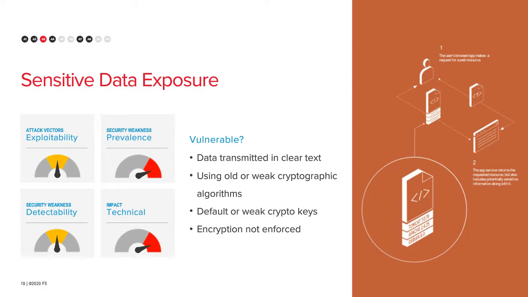Not all sites protect every one of their pages or APIs with encryption. And those that do use encryption sometimes don't get it right. They deploy old ciphers, old protocols, or generally don't secure things properly. So sensitive data exposure here is really referencing the lack of or poor use of encryption.